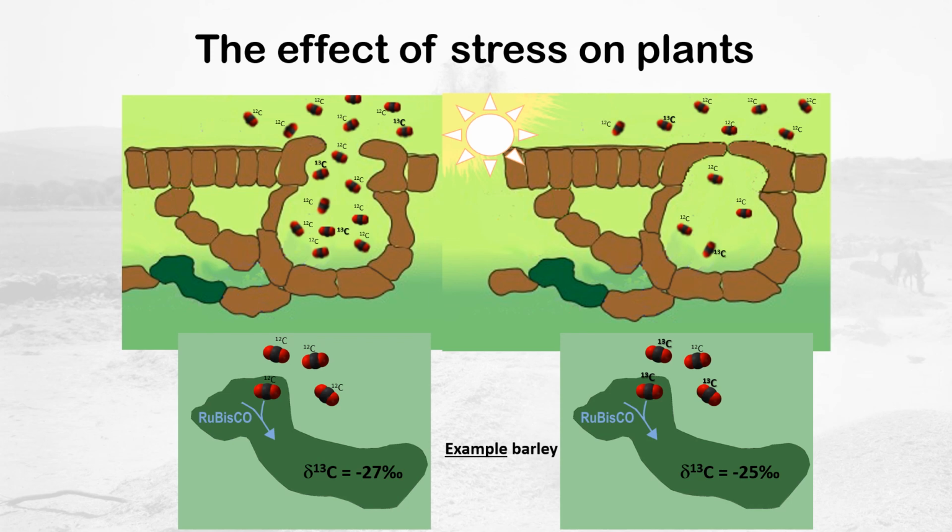The differences in 13C/12C ratios in subfossil plant remains can therefore be used to evaluate the stress the plant experienced during a specific life period. In the case of cereal grains, the stress during the grain filling period can be evaluated.